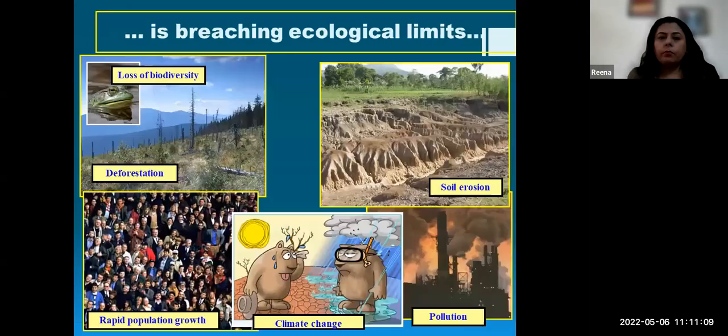Due to this, there has been loss of biodiversity, deforestation, rapid population growth, climate change, pollution, soil erosion. All these features of environmental degradation you have already been studying under this course in different units. So we are well aware why there is a need of environmental laws and acts.